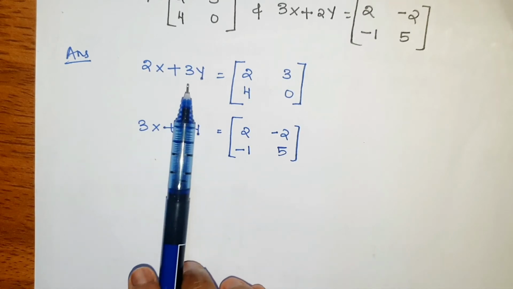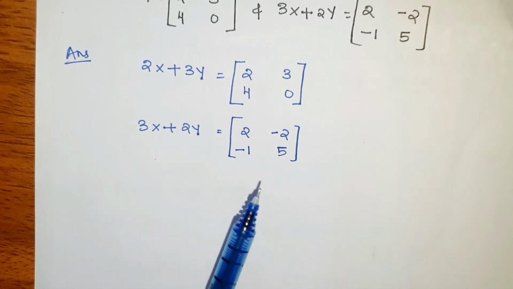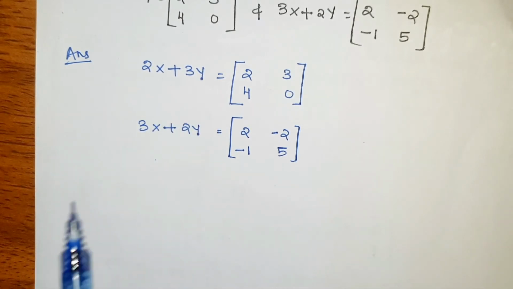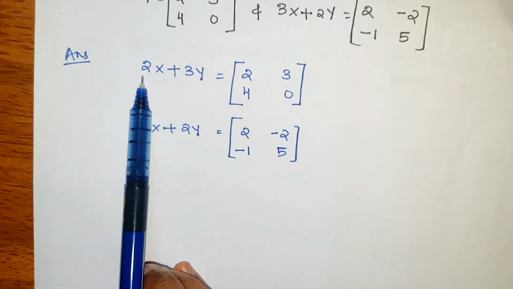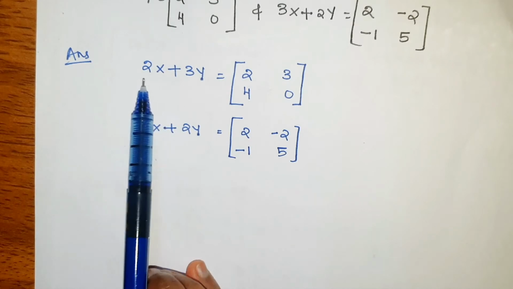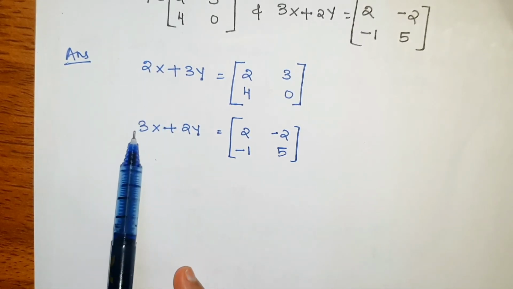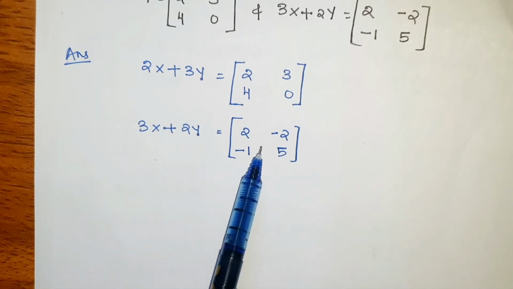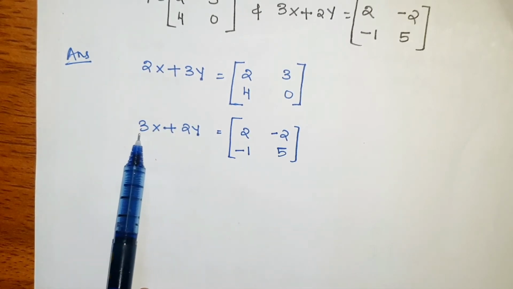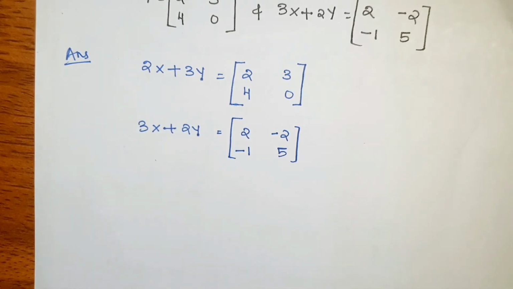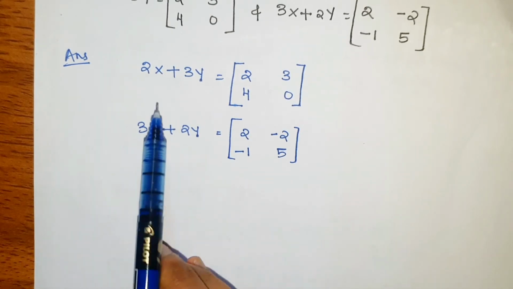We have to use the elimination method. We have to either eliminate x or y. So, students, if you want to eliminate x, what you have to do? Take the coefficient of x from the first equation and multiply it in the second equation. Take the coefficient of x in the second equation and multiply it with the first equation. So let's cancel the x term here.